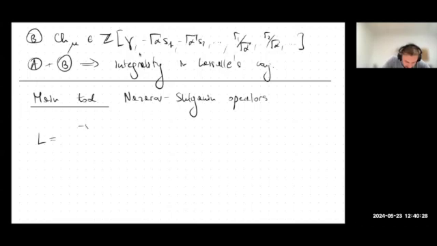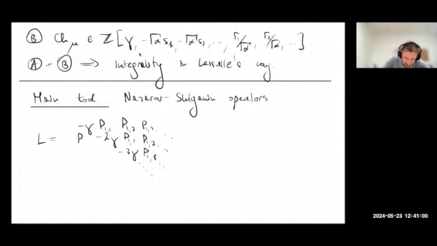So this matrix looks like that: minus gamma, minus 2 times gamma, minus 3 times gamma. This is the main diagonal. Then over the diagonal, I will have P11, then here I will have P12, P13, and so on.